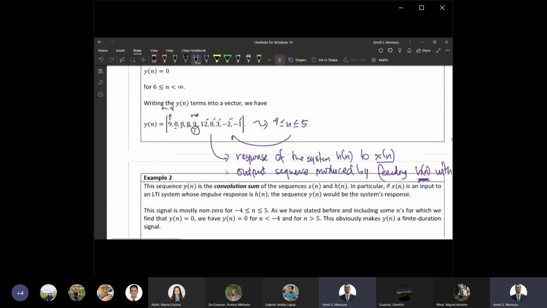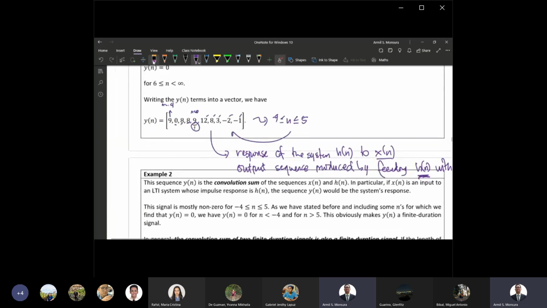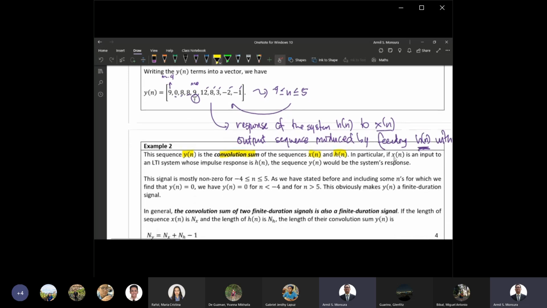Or simply, we can refer to the sequence y of n as the convolution sum. The sequence y of n here is the convolution sum of the sequences x of n and h of n. In particular, if x of n is an input to an LTI system whose impulse response is h of n, then y of n would be the system's response.